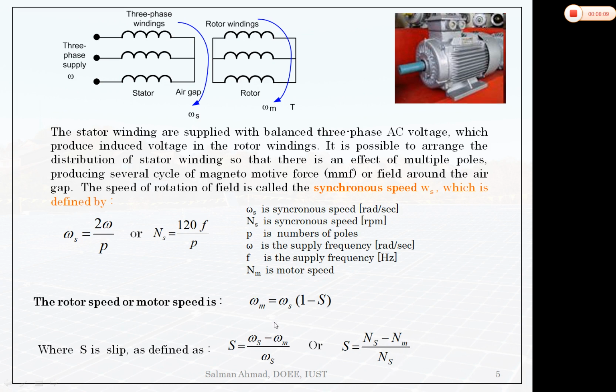So here you can see if slip is 1, for example, omega m is equal to 0, because omega s upon omega s will become 1. So speed will be 0. As slip is increasing, the speed will become low.